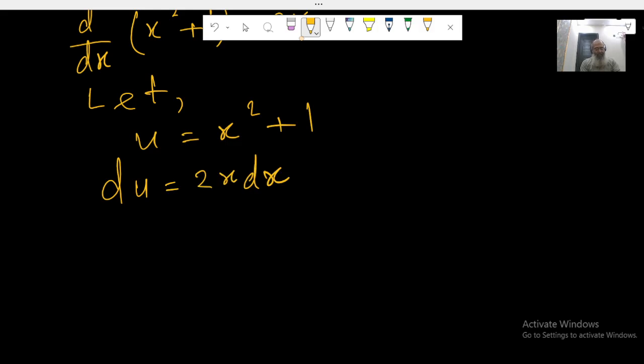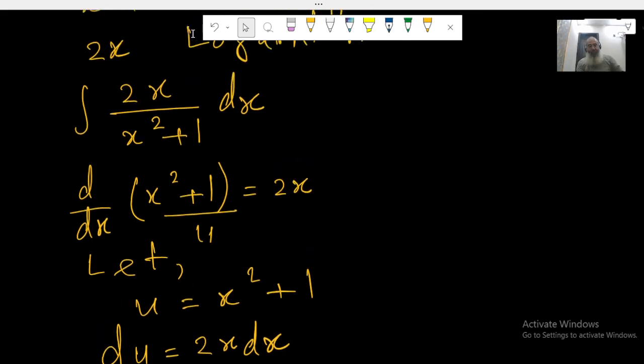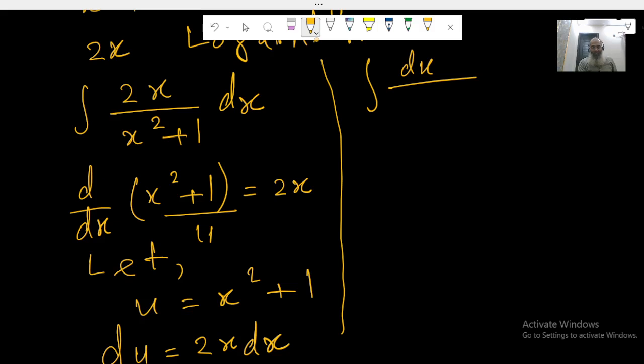And the integral becomes, if I substitute here, u for the whole denominator, and the thing on the top is du, as you can see clearly. 2x dx is equal to du, and x squared plus 1 is u.